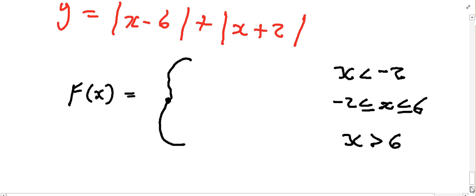The next thing I need to do is express the piecewise function. I'll start with the first one, so please follow me nicely. If you get a number less than -2, you're going to plug it in there.